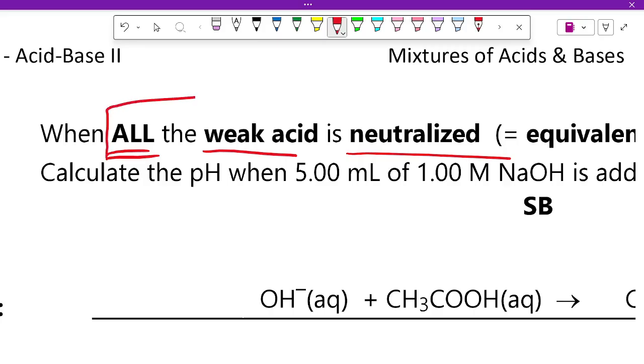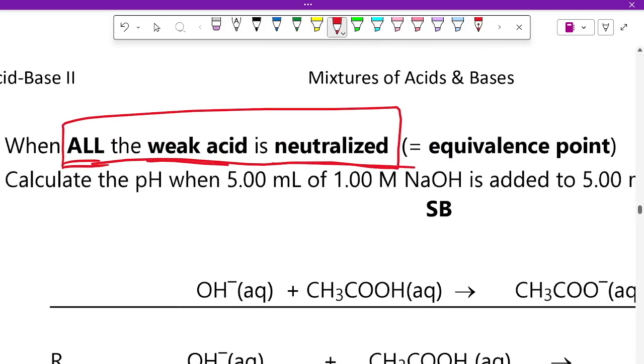What do we call that point where all the acid is neutralized? That is called the equivalence point. We don't call it the complete equivalence point, we just call it the equivalence point. Okay? There's no excess acid.